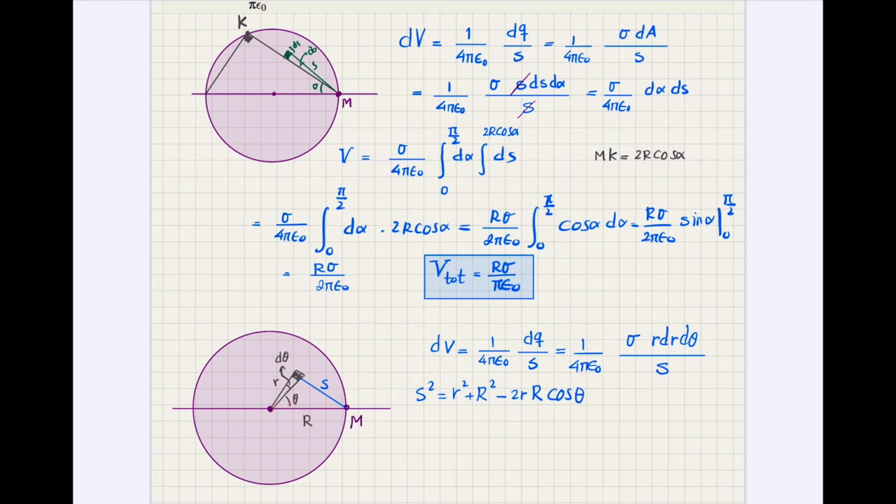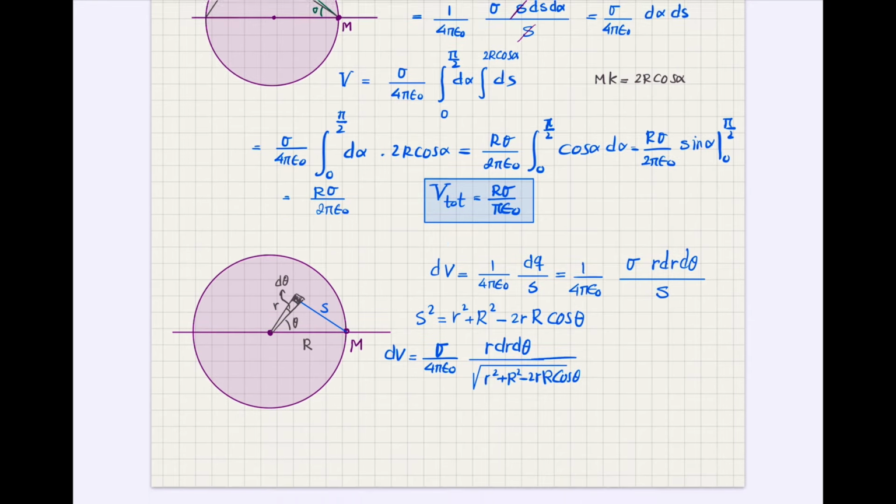So it means that dV is equal to 1 over 4 pi epsilon 0, I can put sigma here, then I have r d theta, divided by, I will take a square root to find s itself, so it becomes the square root of r squared plus R squared minus 2rR cosine theta.